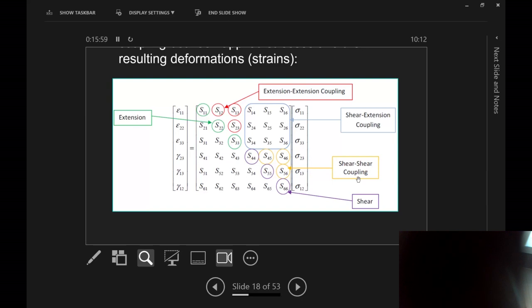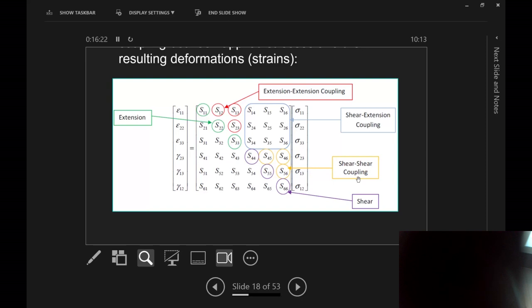These ones represent the shear behavior of the composite laminate. These 3 terms represent the shear coupling. So when you shear it one way, it shears the other way as well. So there's a coupling between shears in different planes. And this one, shear extension.